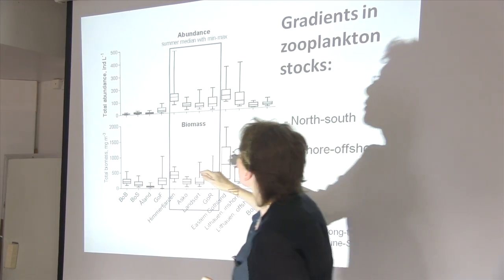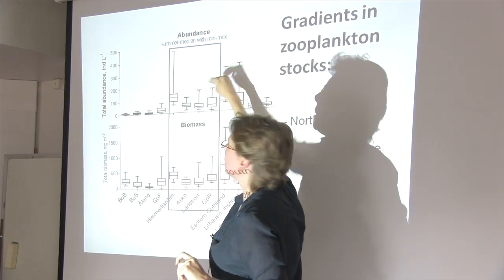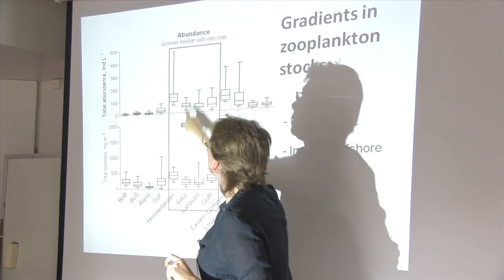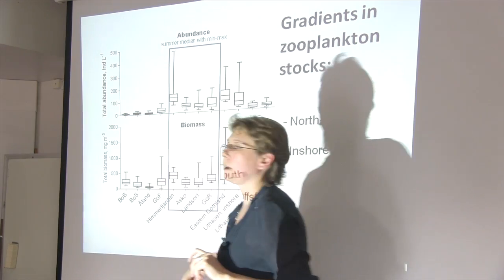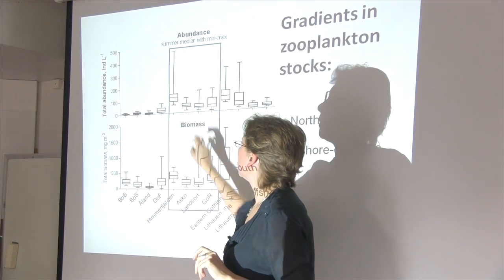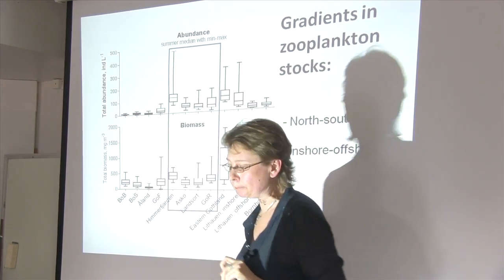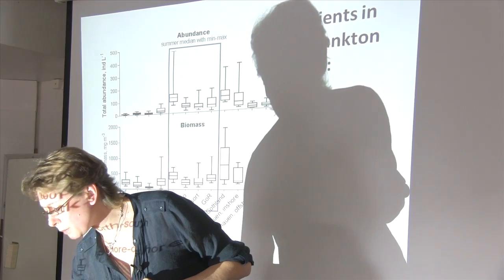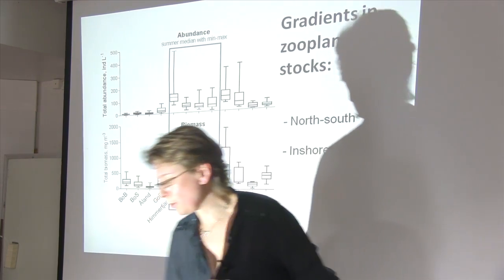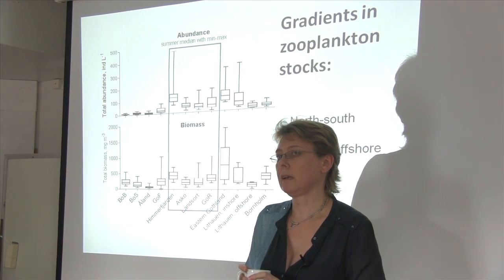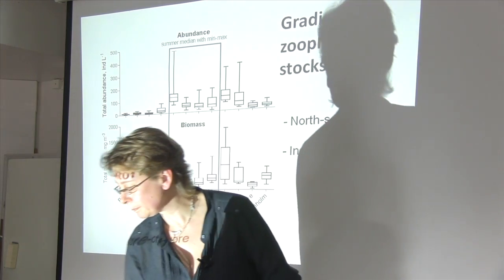So here we also have a kind of parabolic distribution with generally lower numbers and less variable numbers in the middle part compared to the coastal areas. This was quite an interesting exercise also to look at how variable the zooplankton biomasses are altogether.